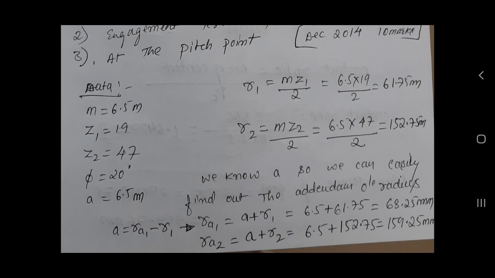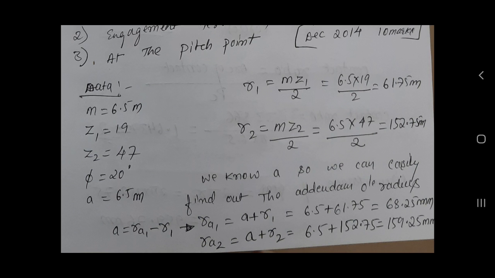Keeping the unknown on the left-hand side, RA1 is equal to A plus R1. A is 6.5 as per the problem statement and R1 is 61.75, and the sum of these two is 68.25 millimeter.